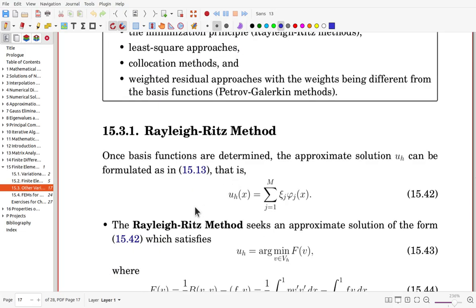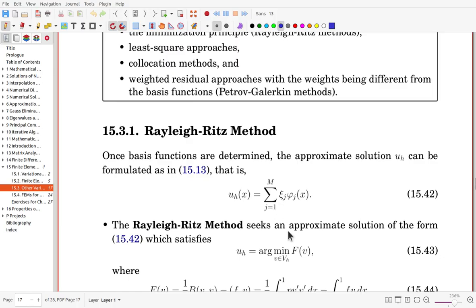Once basis functions are determined from the second step, the approximate solution U sub h can be formulated in this way as a linear combination of basis functions. Now, unknowns are psi j.